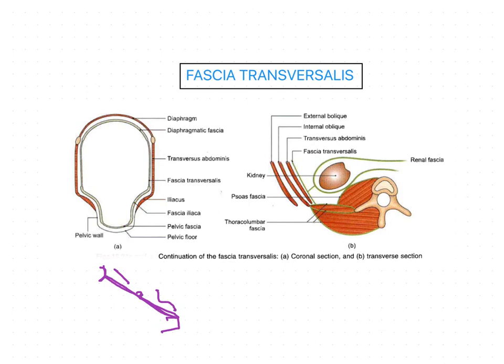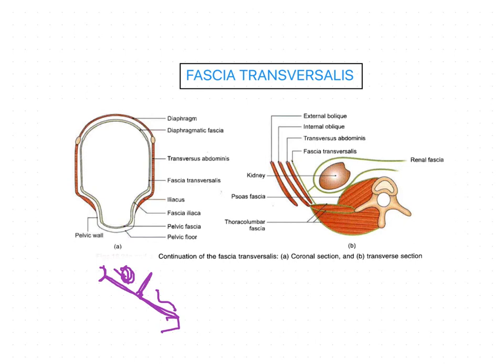The deep inguinal ring is present 1.2 centimeters above the mid-inguinal point, and it is an oval opening in the fascia transversalis. This opening is the deep inguinal ring.